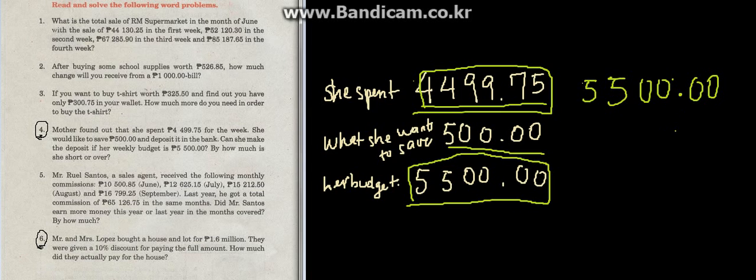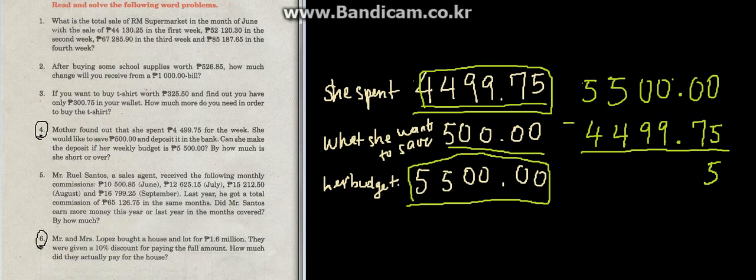How much money is left. So what you have to do is subtract, right? Subtract the two numbers and you will get the money she has right now. So let's subtract. Here it will be 5, 9 minus 7, 2.